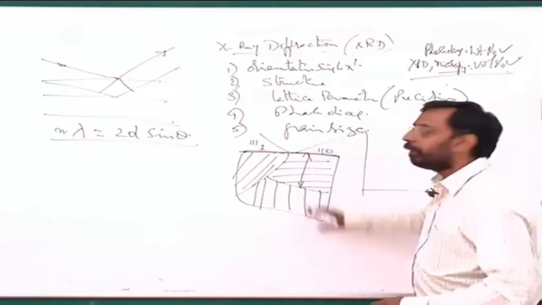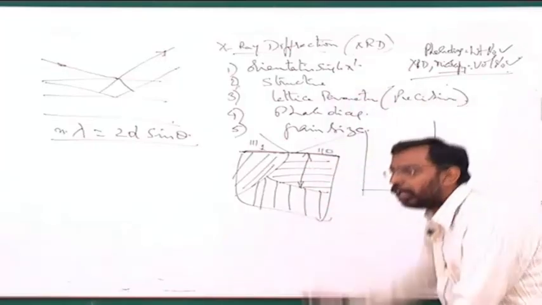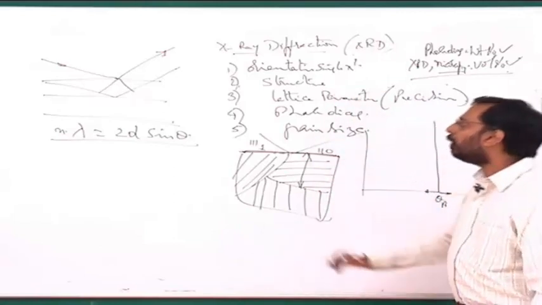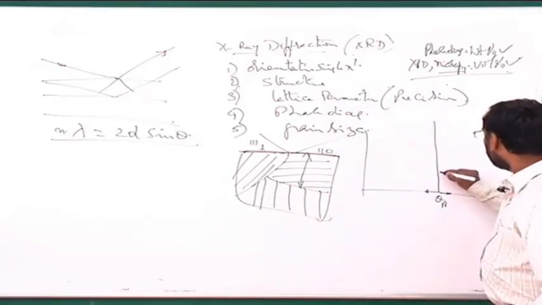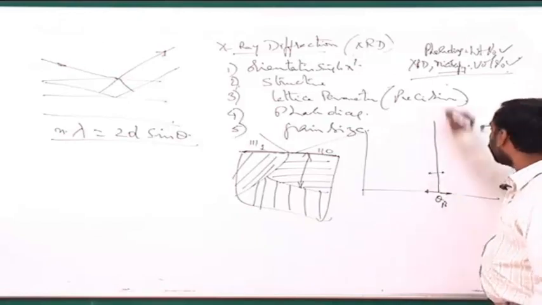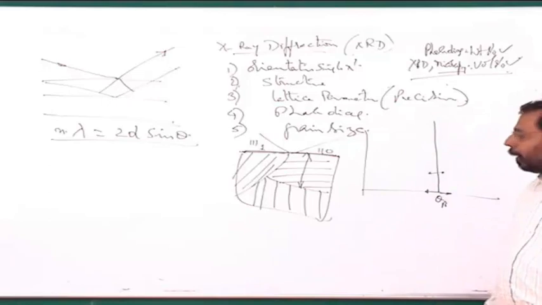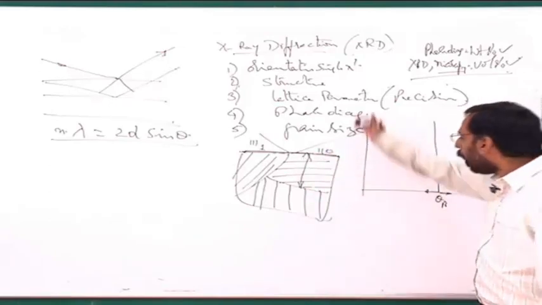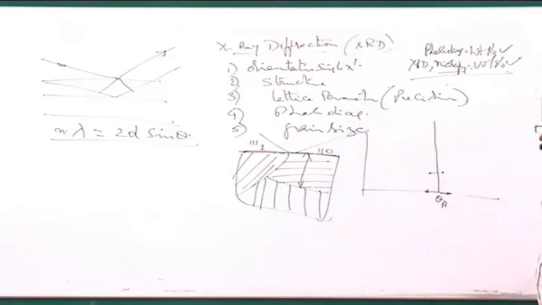If I have infinite planes in the sample, there is always destructive interference for angles which are higher or lower, and as a result you get a delta function. But if you have a limited number of planes, then you do not have a large number of planes available for complete destructive interference to happen.